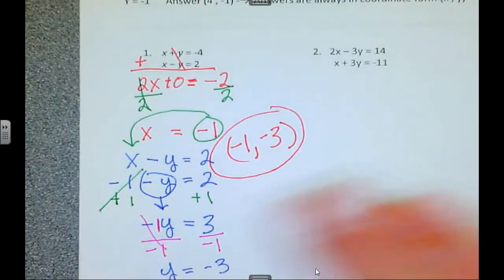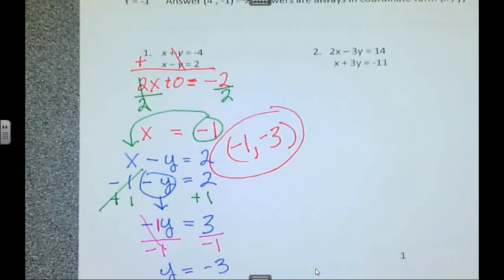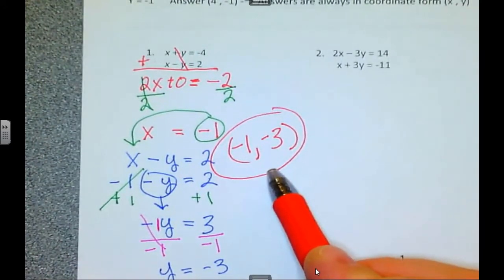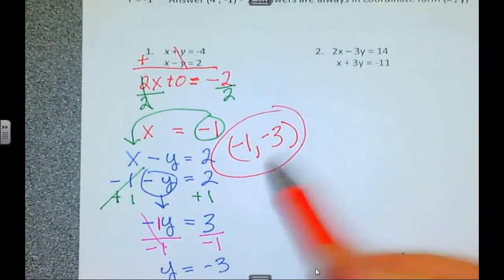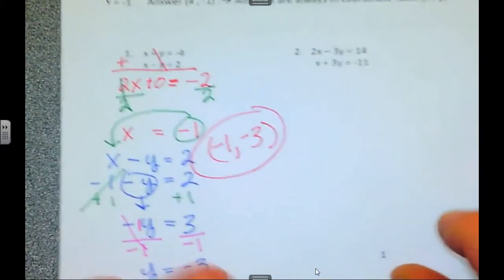Some of you have worse handwriting than me, and it was really tough to find your x and y. If I run out of patience, I might mark them wrong if I can't find them. So if it's an ordered pair, put them in an ordered pair. Okay.